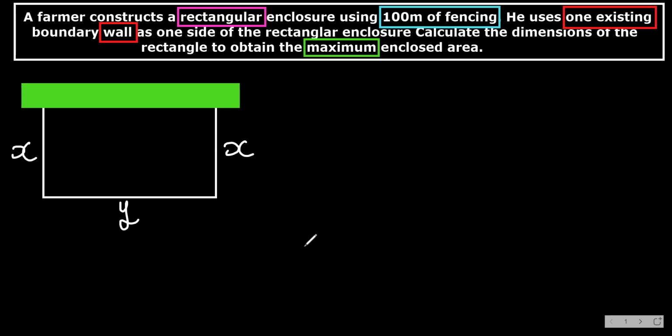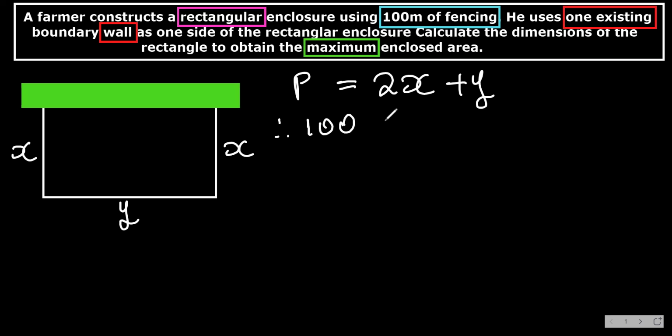What am I saying? This amount of fencing, it's what the farmer will be using in order to enclose this rectangular field. So it becomes the perimeter. Perimeter is the total distance around the shape. But we know that the amount of fencing is 100.